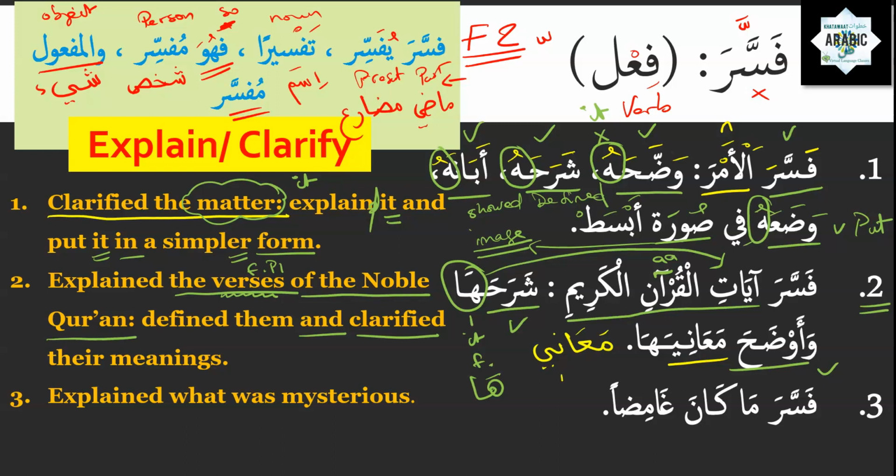Ma'ani is a noun, and that means meaning or meanings, like you can see here. But ma'aniyaha, ha is there, feminine. And I should have said also ha means it, but also them.